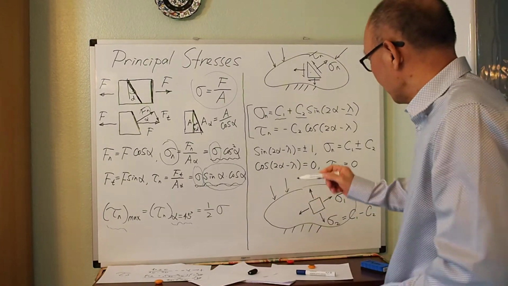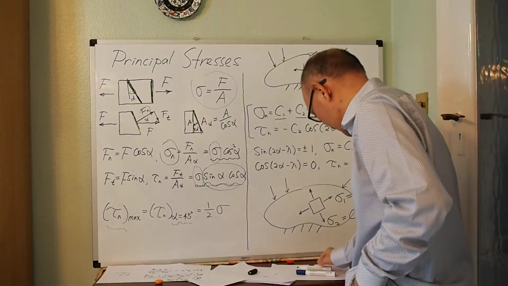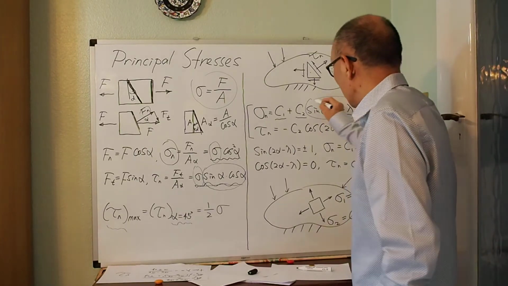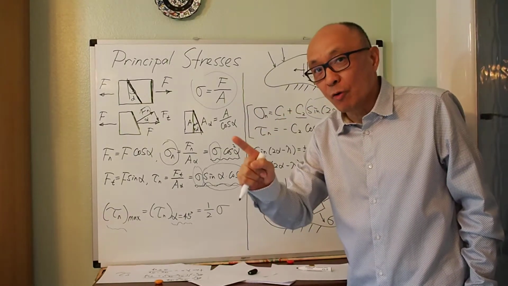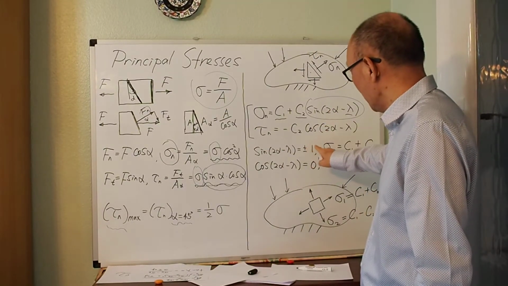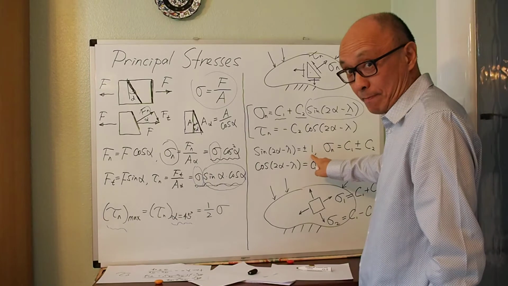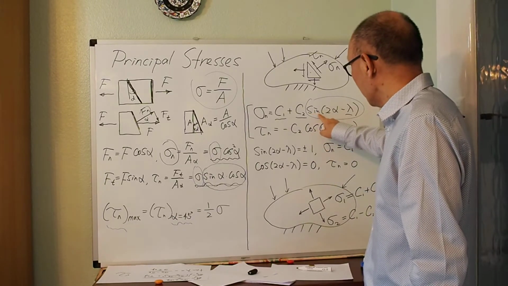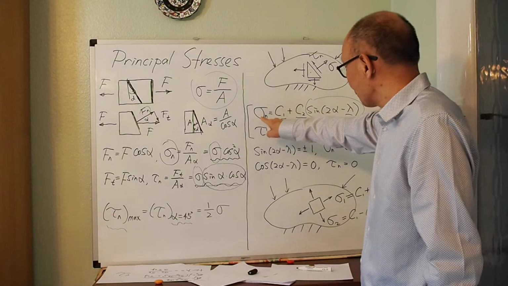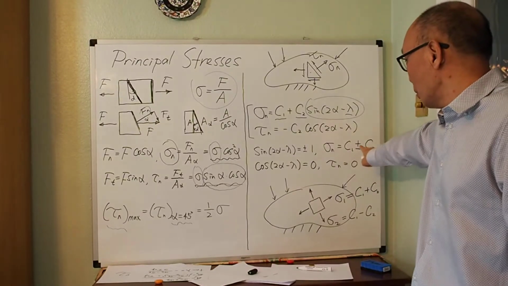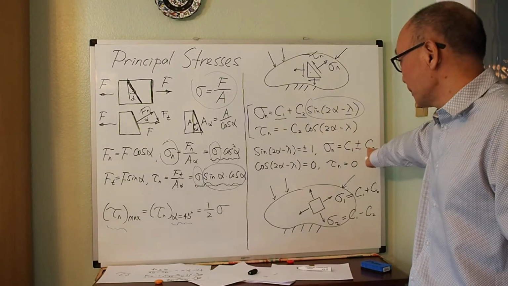So think of this. This sine something: the maximum or minimum value of sine something is either +1 or -1. So when this is either 1 or -1, this normal stress is either C1 plus C2 or C1 minus C2.